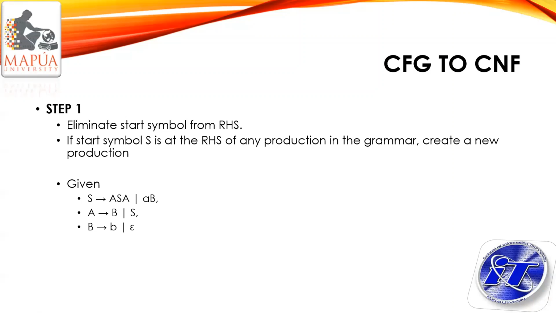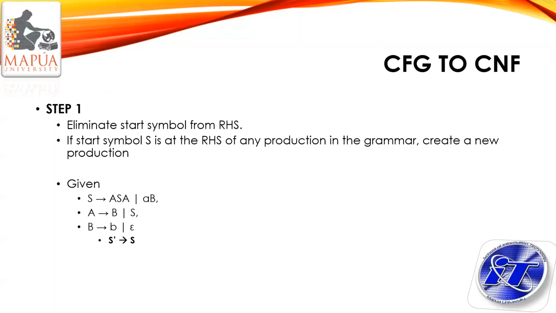How are we going to do that? Let's introduce a new symbol and a new rule. For example, I'm going to introduce S prime to become my start symbol, and it will yield to S, which is the original start symbol. So introduce S prime and then create a new production that yields to the original symbol.